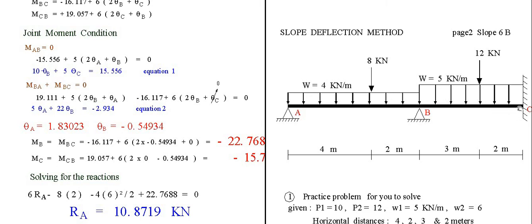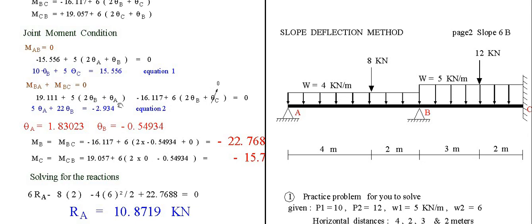There is no slope of the beam at C. It is always horizontal. So the slope at C is 0. Theta at C is 0. Okay, we remove this.